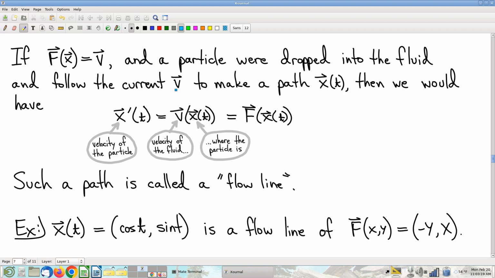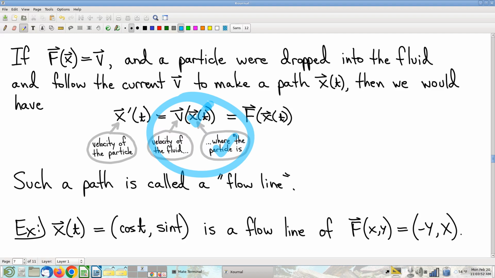So, here's the claim. The English language claim that I've made here, I'm going to say the same exact thing now, but in math language, and that is that the velocity of the particle has to be the velocity of the fluid. Specifically, if you want to know what the velocity of the particle is when it's at a certain location, I need to know the velocity of the fluid at that location where the particle is.